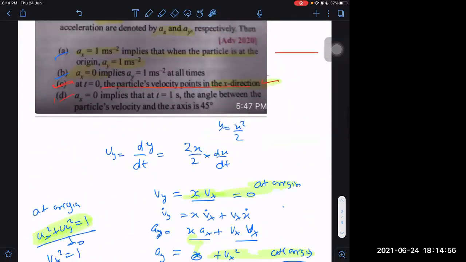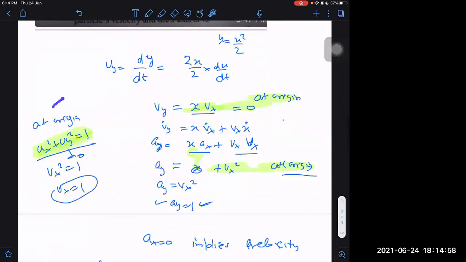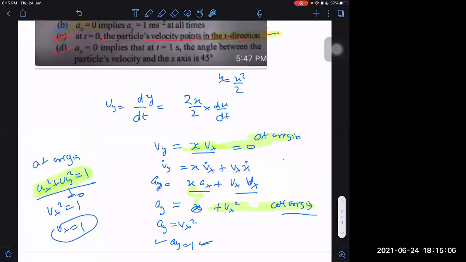Yes, sir. But it doesn't mean that any particle which is moving in a parabola will always have constant velocity along the x-axis. That will also be a stupid thing to say. So always it will not be true. I can give you such examples easily, in which the particle may be following a parabolic path, but it may not be having uniformly accelerated motion. You can imagine, for example, you are on a road riding your bike.